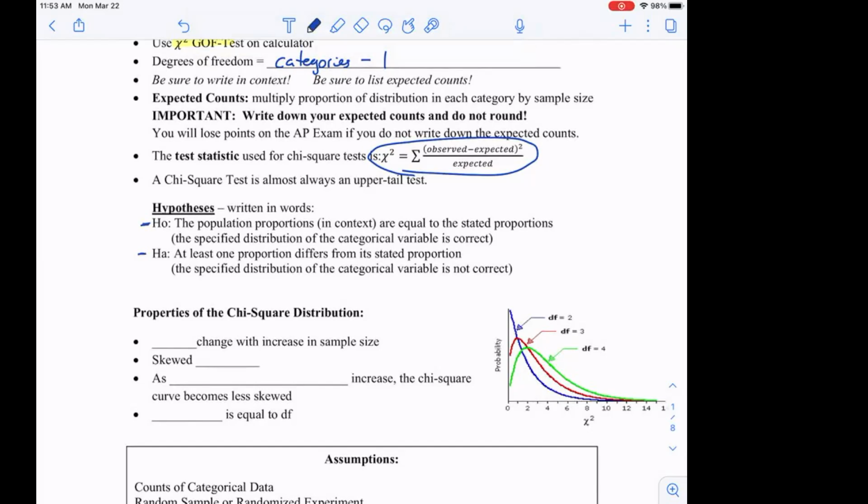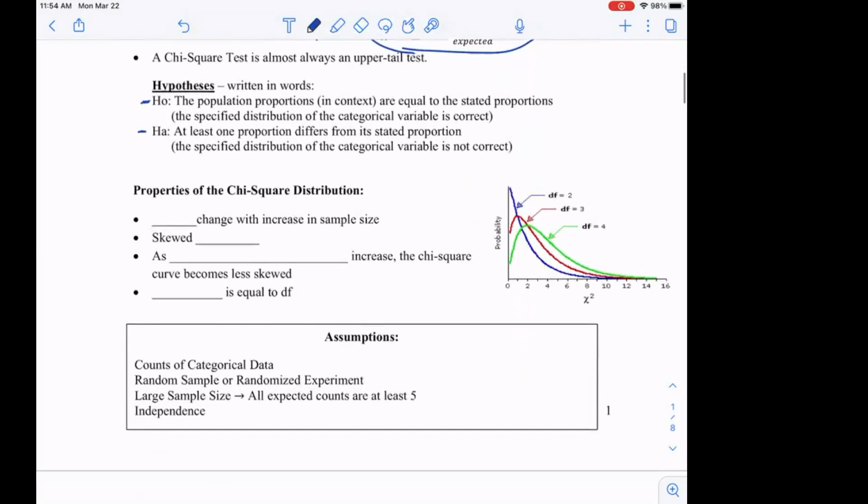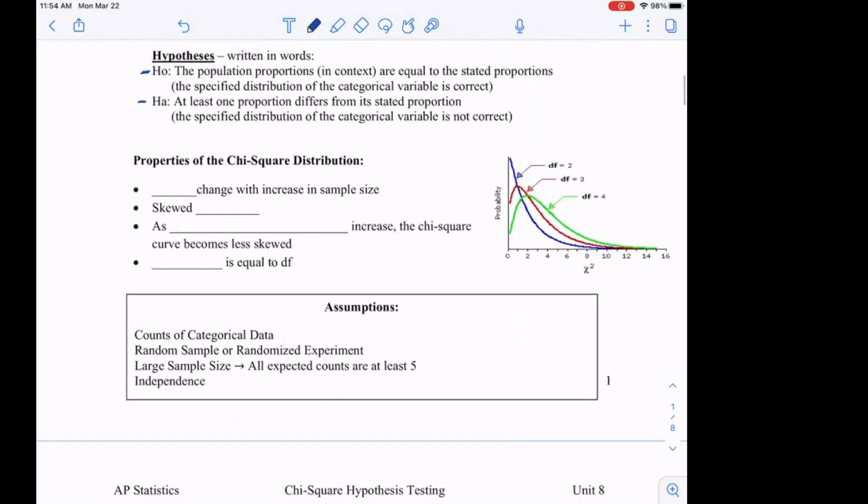Here's our chi-squared curve. With 1 degree of freedom, that's the blue line. It is clearly skewed to the right. As we continue to add degrees of freedom, which is actually adding categories, it becomes less and less skewed right. So the more categories we have, the less skewed this is going to be.